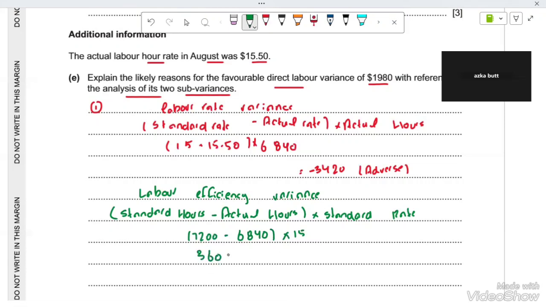This is equal to 360 multiplied by 15, which is equal to 5,400, a favorable variance. It means that workers completed the work using 360 fewer hours than expected. So this has resulted in a $5,400 favorable variance. Less time used is equal to cost savings.